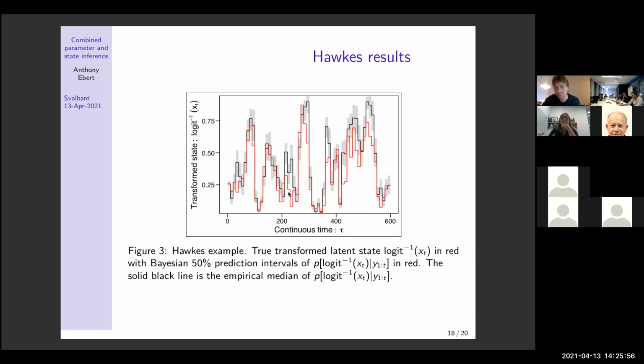Can you put up the observation and state transition equations?